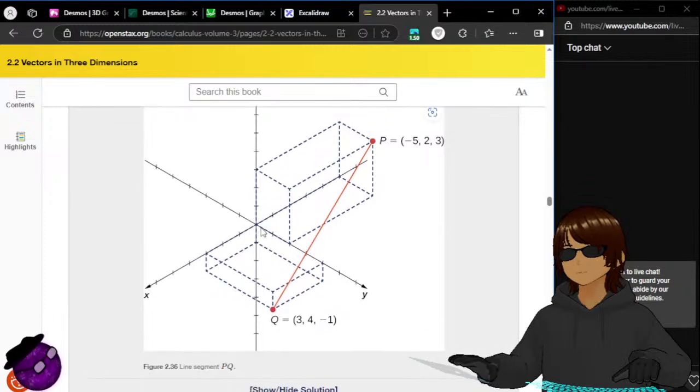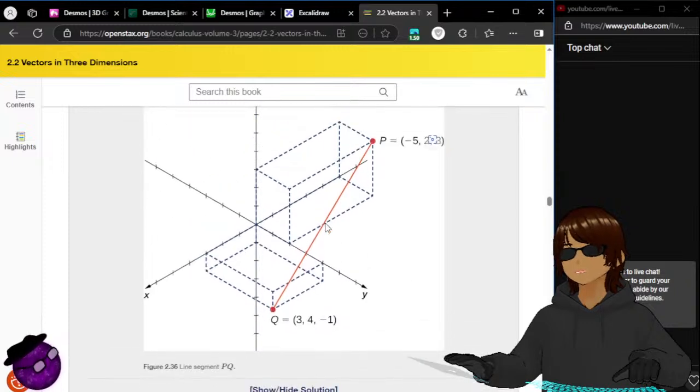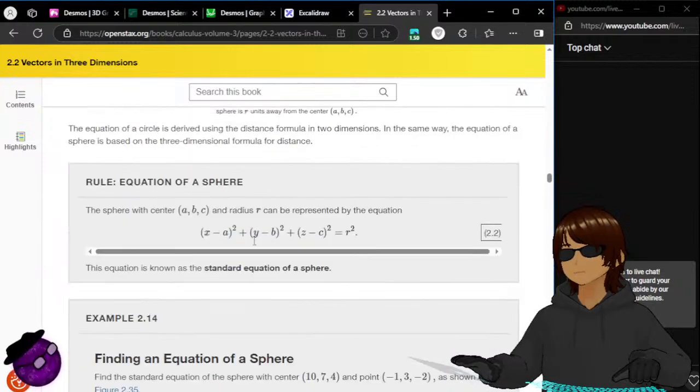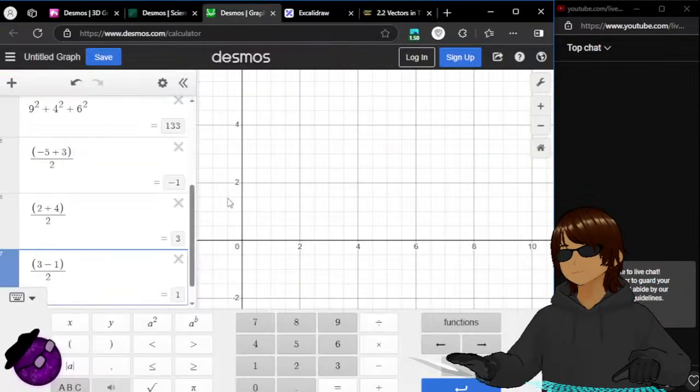So x is -1, then y is 3, then z is 1. Yeah, I guess that makes sense. That's actually the center, not the radius. So we have the values for a, b, c: negative 1, 3, and 1.